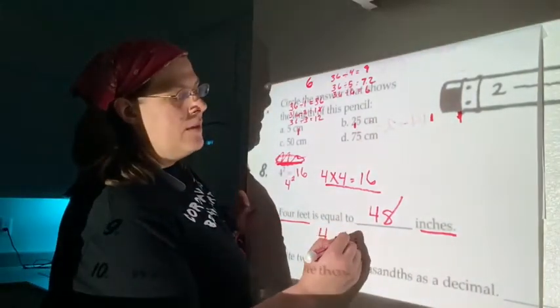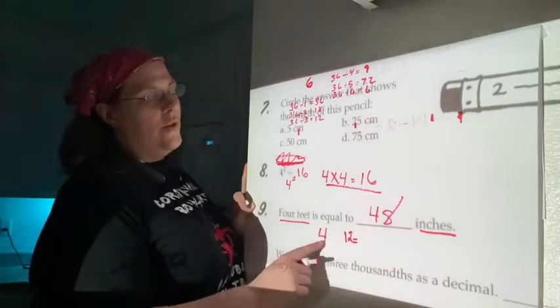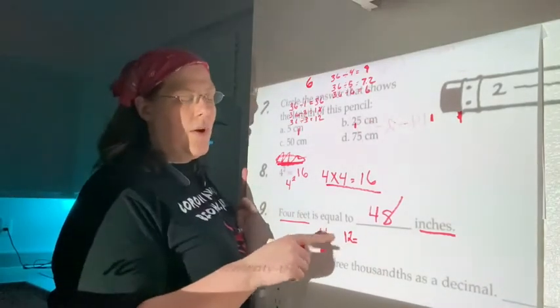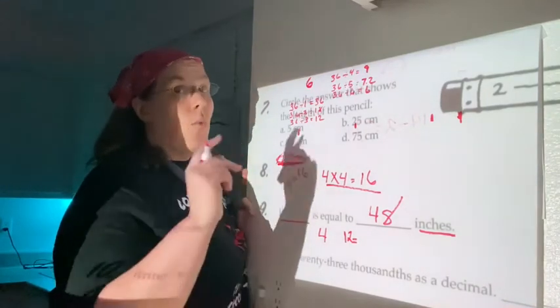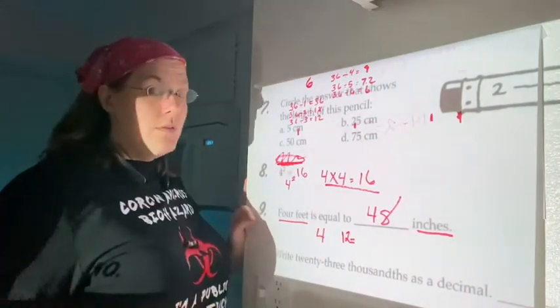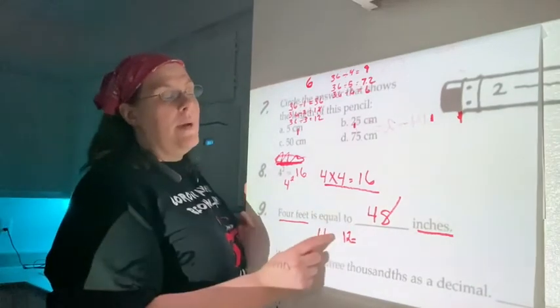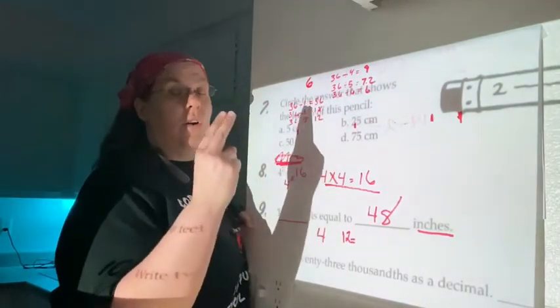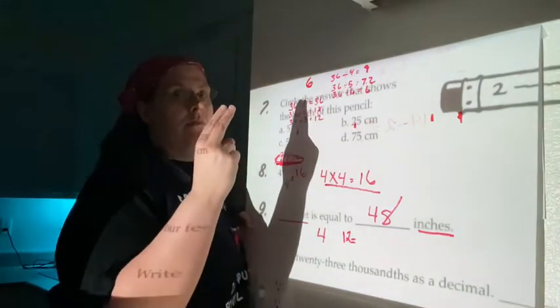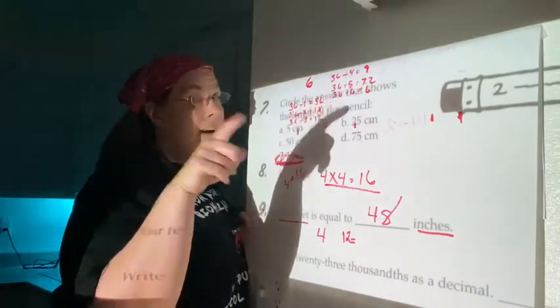All right, so I know that I have 12 inches in a foot. I know that I'm dealing with 4 feet. What function am I going to do to get my answer? Add? No. Subtract? No. Multiply? Or divide?